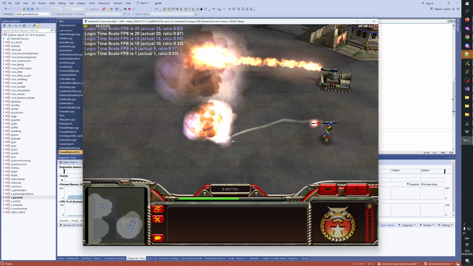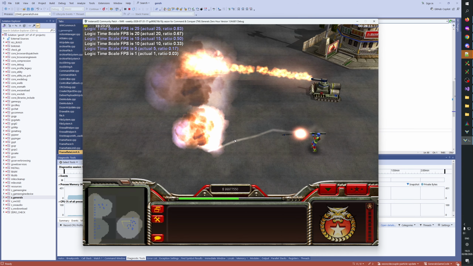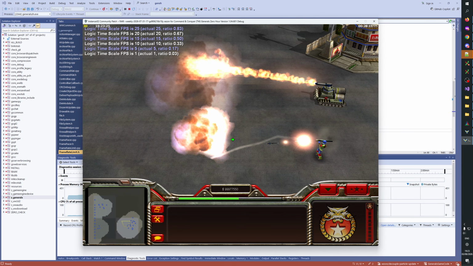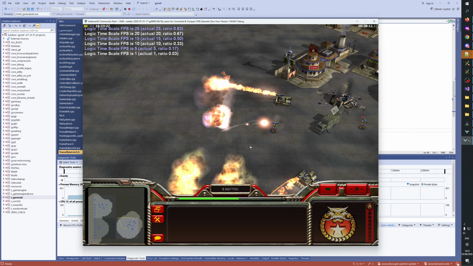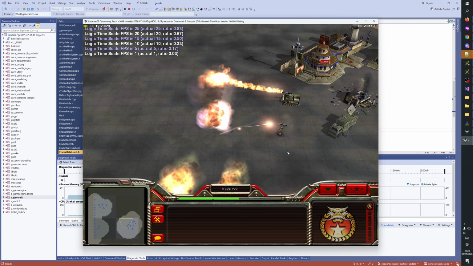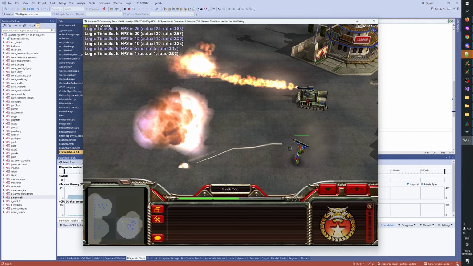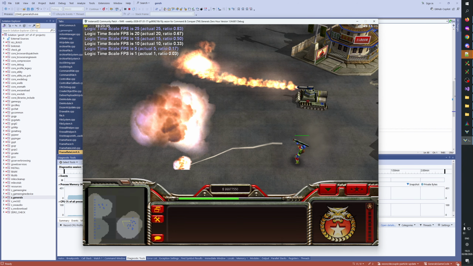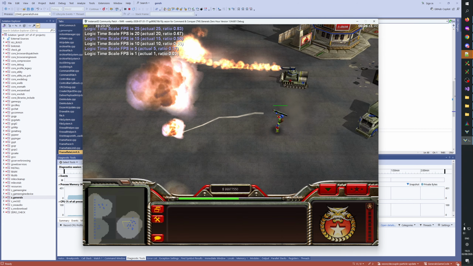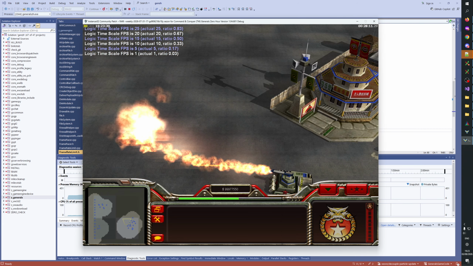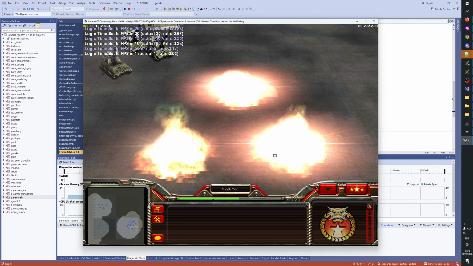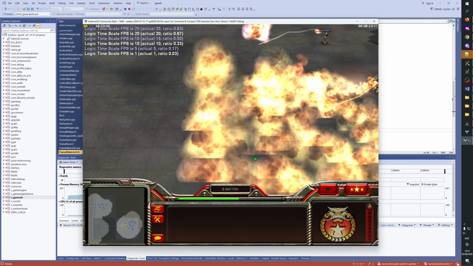It looks very smooth. So this is now 1 logic frame per second. So very smooth particles.